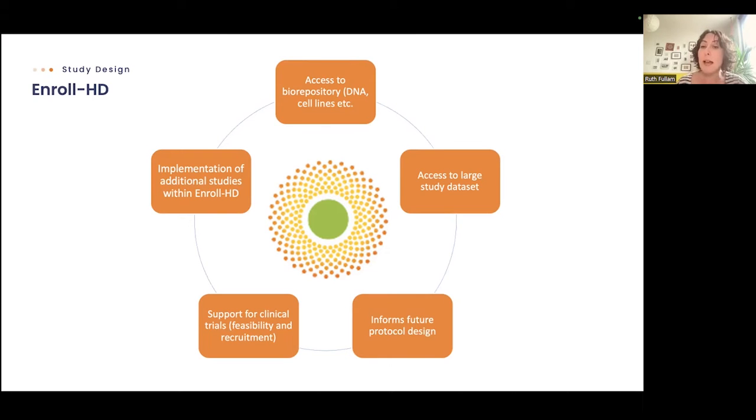And this is access to a large study data set for researchers and access to a really big biorepository. So all of the products that we get out of any blood samples that people choose to give to us. So researchers can apply to use the data and they can apply to use the samples that we collect.